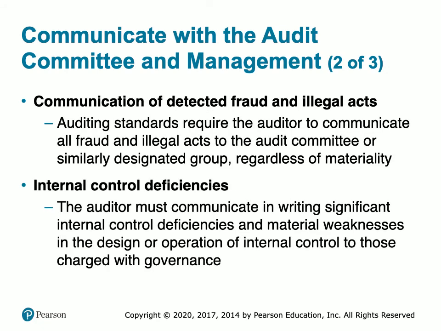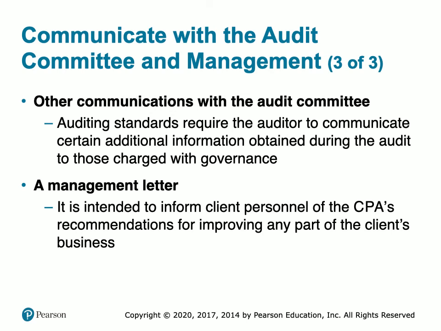And usually you'll have a private session with the audit committee, so the audit committee can ask you assessments of key personnel, whether there were any challenges in conducting the audit, anything like that. There are very specific required communications, including the internal control deficiencies. These are outlined on these and following slides.